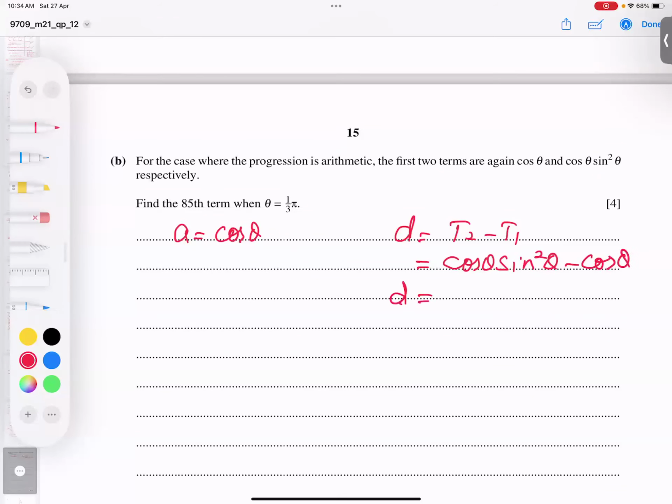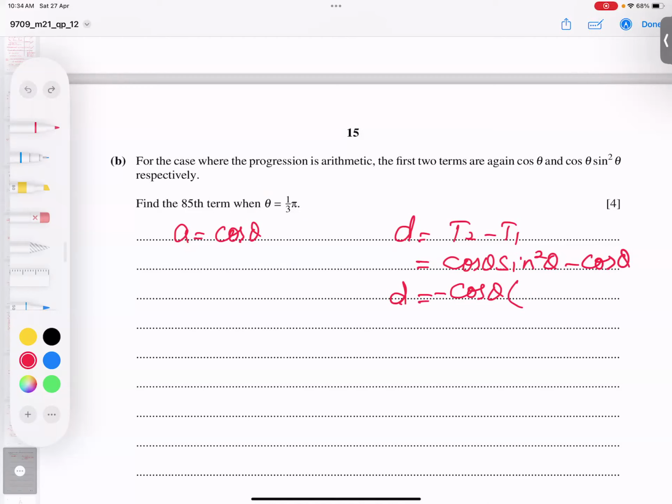So the common difference, if I take cos common out, okay, but he said to use this one. So if I plug in all or I just do some work, I can plug in directly even, no problem at all. If I take negative cos common, I get 1 minus sine square.